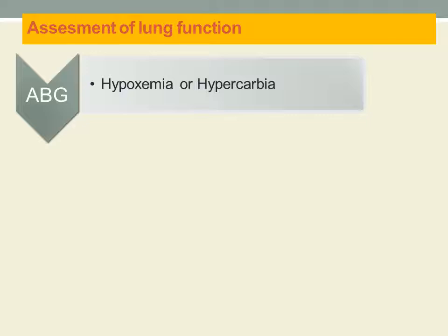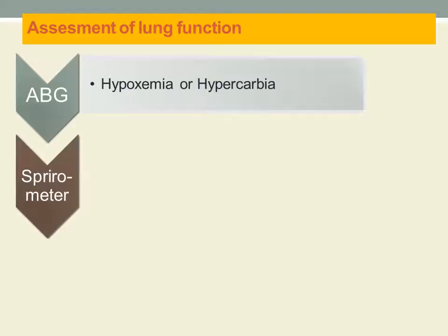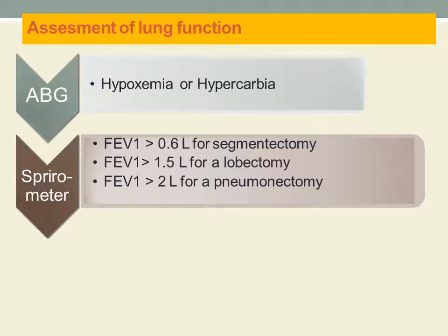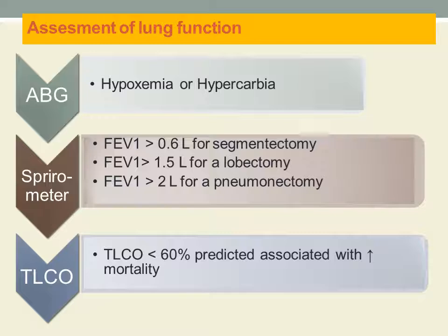So first we perform ABG to see hypoxemia and hypercarbia, then spirometry. FEV1 should be more than 0.6 liters for segmentectomy, 1.5 liters for lobectomy, and 2 liters for pneumonectomy. TLCO of less than 60% predicted is associated with increased risk.